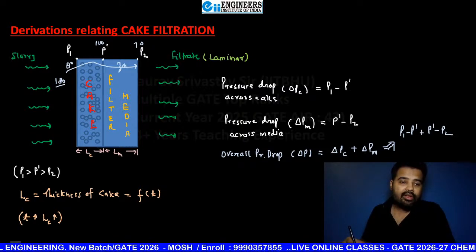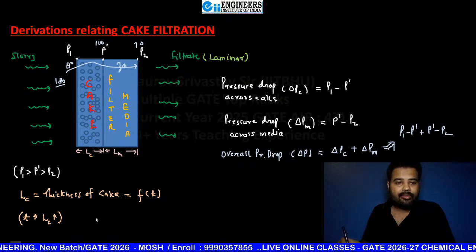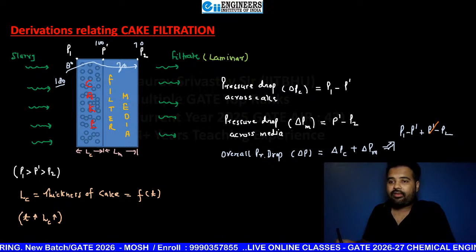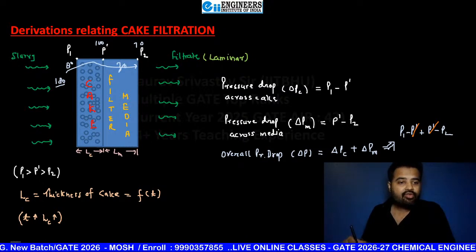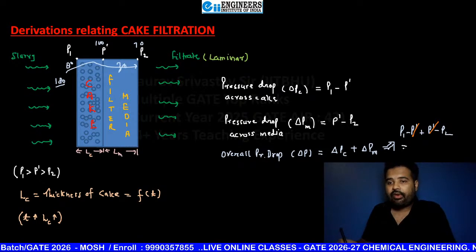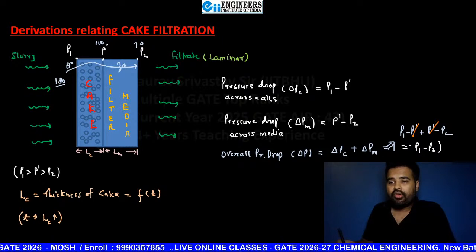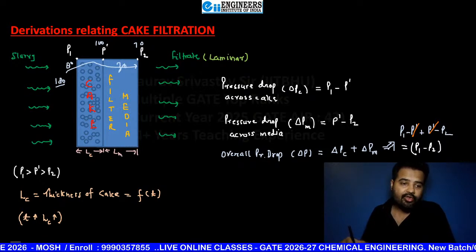Now here you can see P dash cancels with P dash. So finally what do you get? Finally you will get just P1 minus P2. So this is the overall pressure drop.